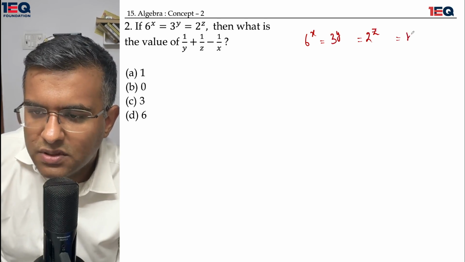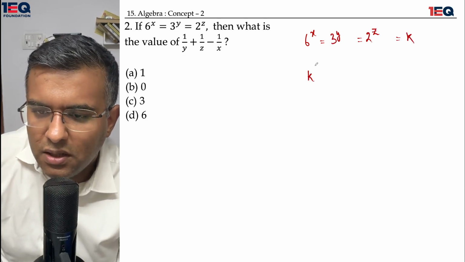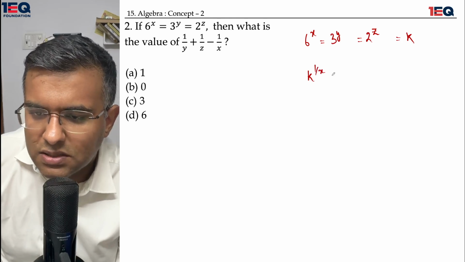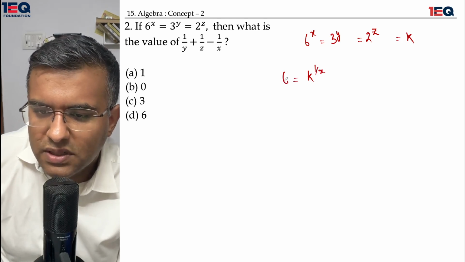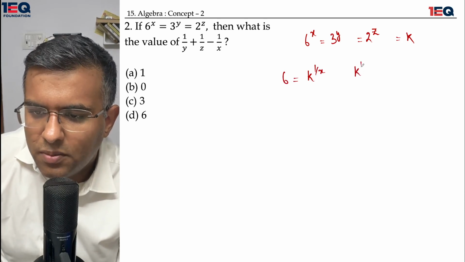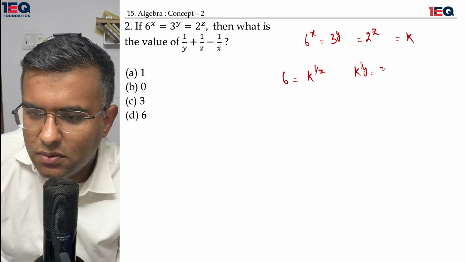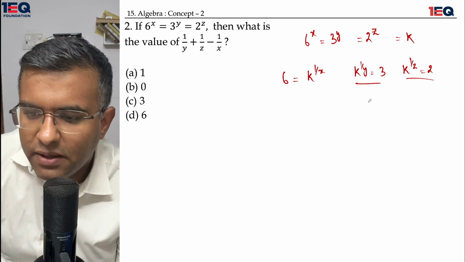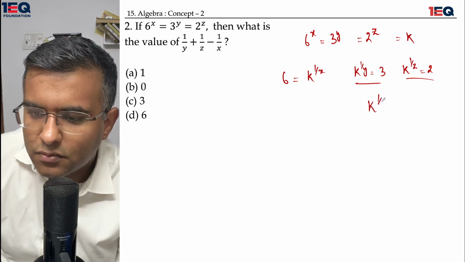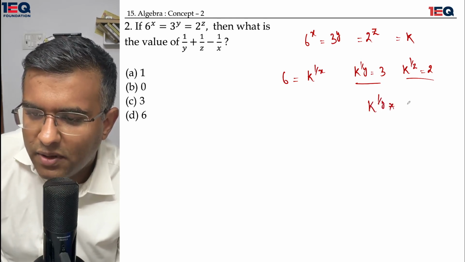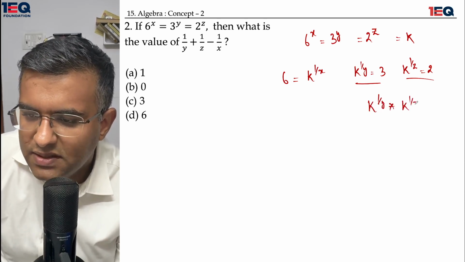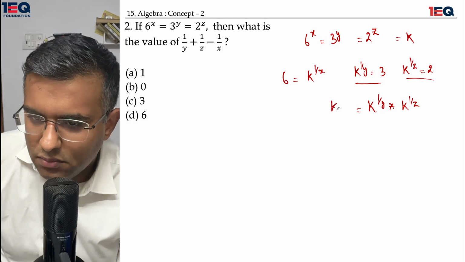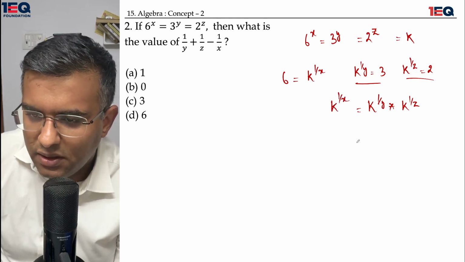The value is equal to k. This means k raised to the power 1 by x is equal to 6, k raised to the power 1 by y is equal to 3, and k raised to the power 1 by z is equal to 2. So when I multiply these, 1 upon y plus 1 upon z gives k raised to the power 1 by x.